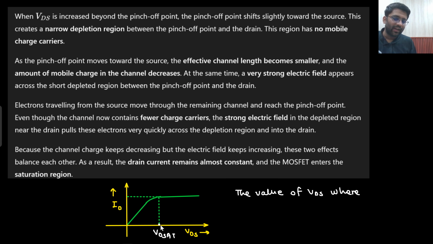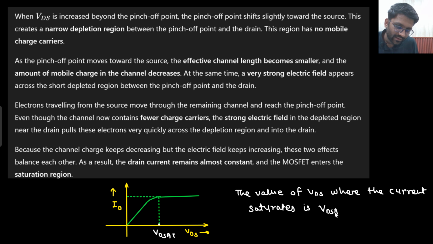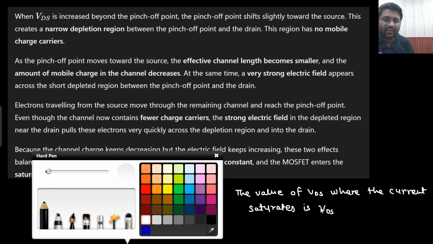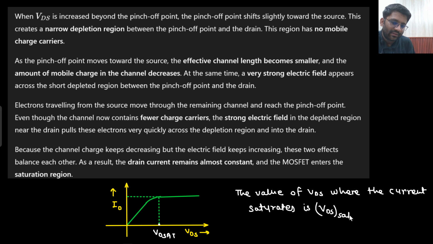So this point would be known as the value of VDS where the current saturates, VD set. Okay, or we should write down VDS set. Better would be VDS saturation. This value will be shown by VDS saturation.